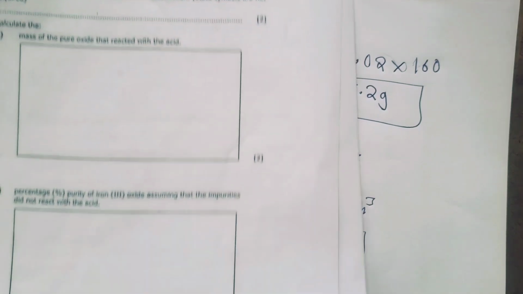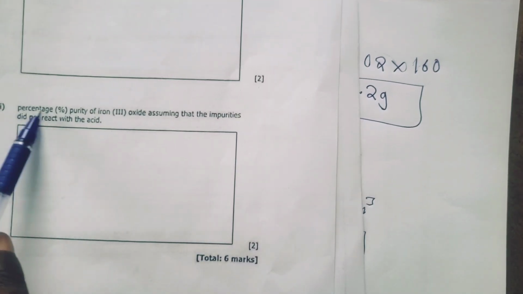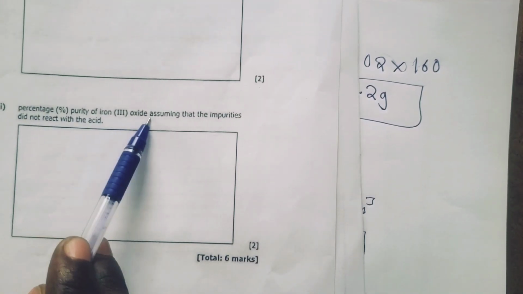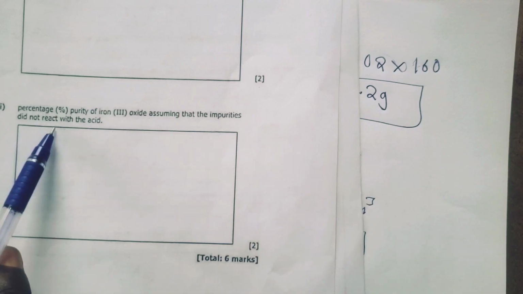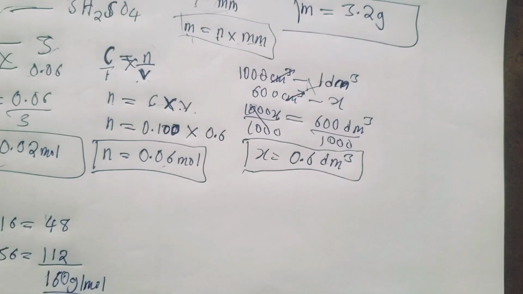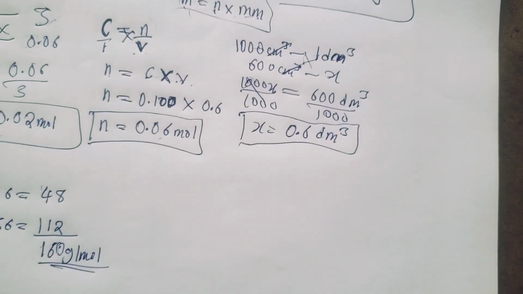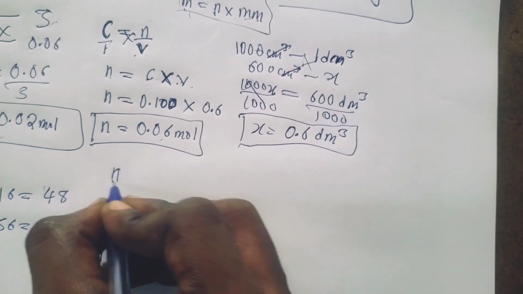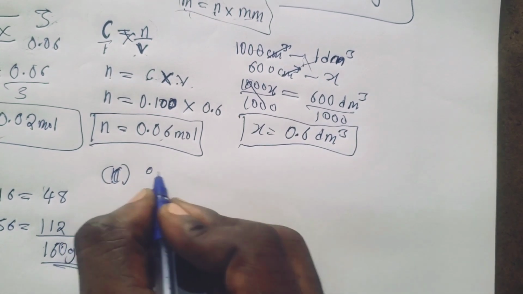Then, the last question. Calculate the percentage purity of iron 3 oxide, assuming that the impurities did not react with the acid. Now they want us to find percentage purity as our last question. This is very simple if you've calculated everything well. This is question C. This is how we write it.